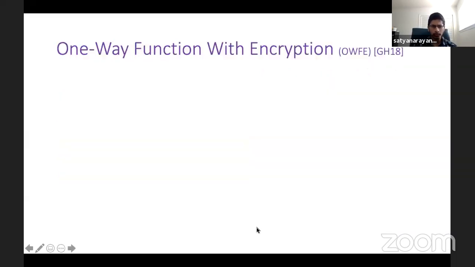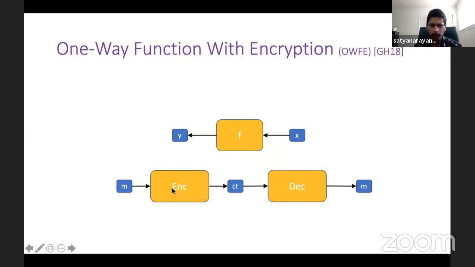Let's see what one-way function with encryption actually is. As the title says, there is a one-way function component to it. There is a function f that takes input x and outputs a value y. And there is an encryption component as well: an encryptor that encrypts a message, and a decryptor that decrypts a ciphertext. But what are the keys to these algorithms? The keys actually come from the one-way function part.